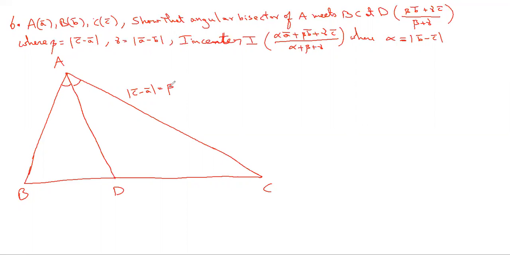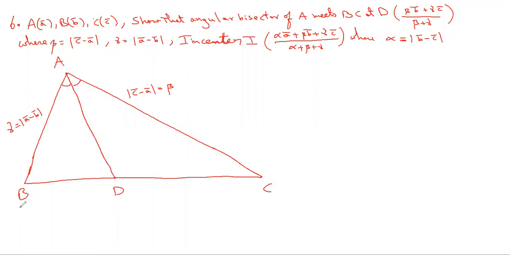When we have the freedom to choose the position vectors, that time we'll take one of them as origin. Now the magnitude of A minus B, or B minus A, doesn't matter, the magnitudes are the same. It's given as gamma.